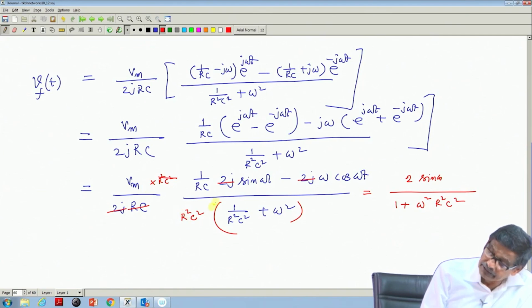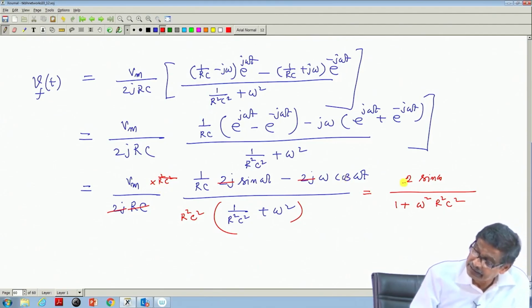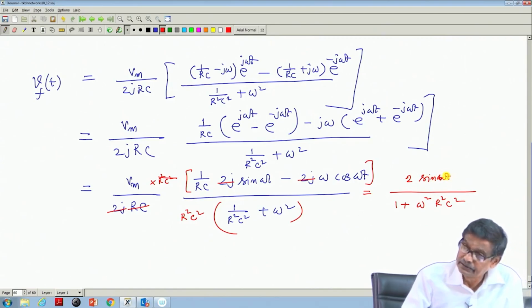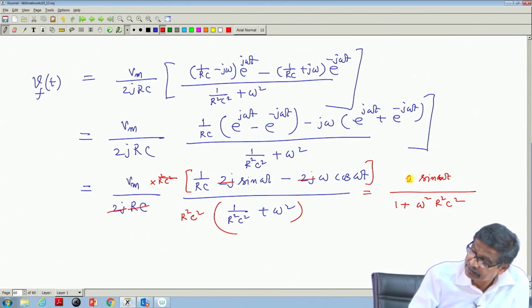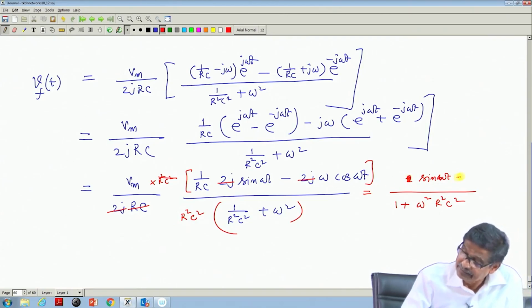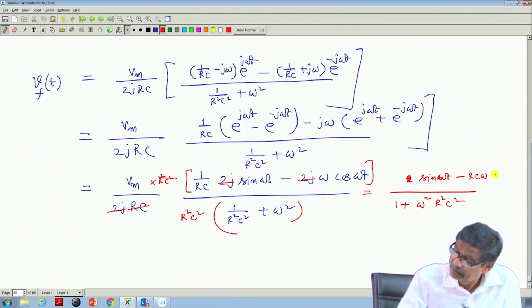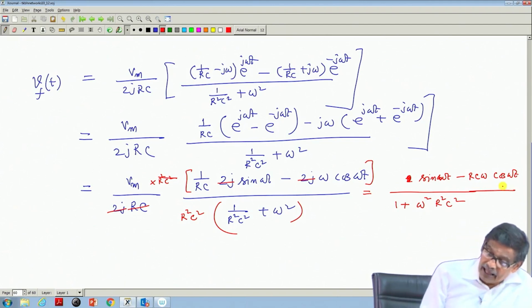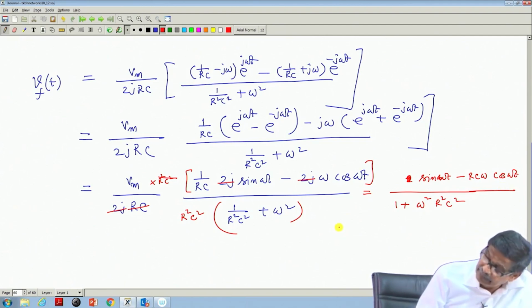So, R square c square I have multiplied, it is like this. So, 1 R c was here, I cut it, this R c I am entering here. So, then it will be only 2 left, R c goes, and 2 sin omega t, 2 will not be there, right, and then minus R c omega cos omega t, it will be like this, clear, and outside it is V m.